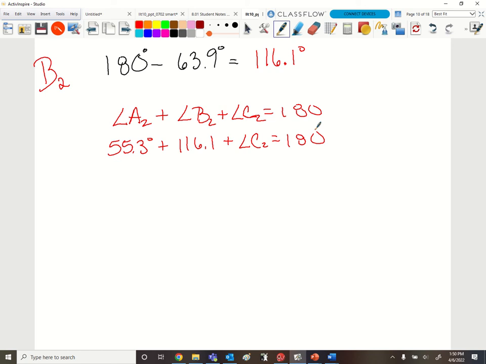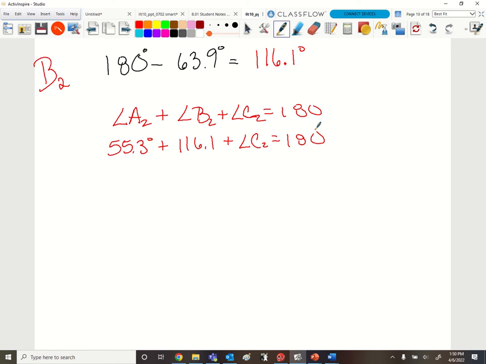If I just want to plug that straight into my calculator, I would do 180 minus 55.3 minus 116.1. If I get a positive answer, there is a second triangle. If I get a negative answer, there is no second triangle. So please plug this in the calculator and tell me what you get.